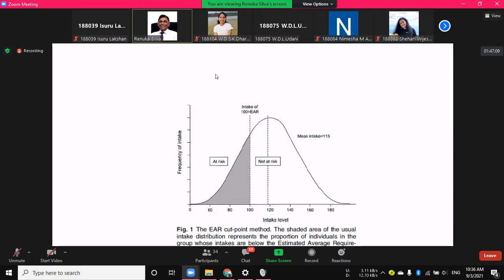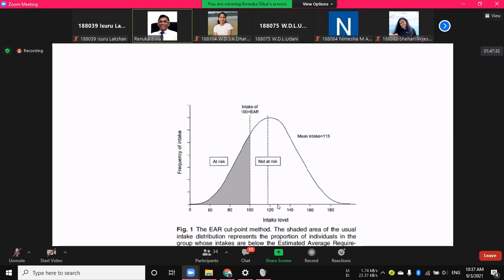So where is EAR? It's here. EAR is 100. So 50% of this group has not reached 100. 50% reach 100, but not 120.